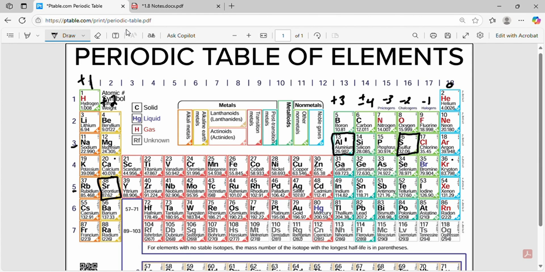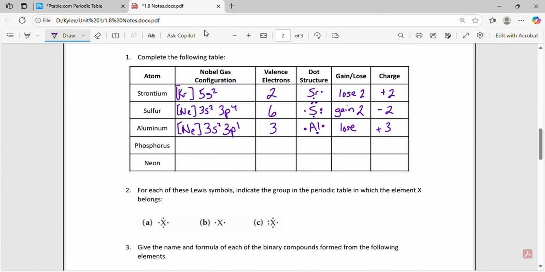Next one to look at is phosphorus. Phosphorus, again, is in the same period. So it's going to be very similar to the other ones we looked at. It'll just differ in the ending. So neon. For sulfur it was P4, but for phosphorus, this is just to the left. So instead of ending in P4, it's going to end in P3, which gives us 5 valence electrons.